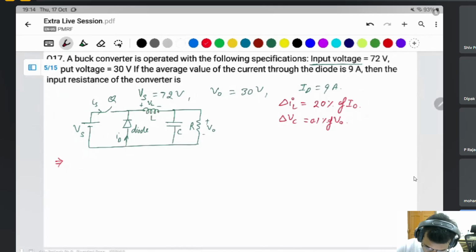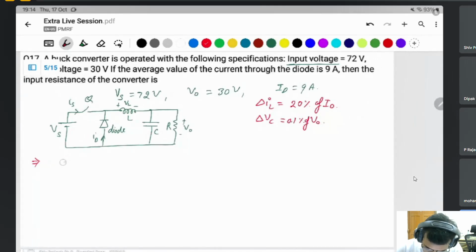First of all, the inductor voltage VL when the switch is on. When the switch is on, the diode will be reverse biased because the positive is connected here and the negative here, and current is flowing like that.